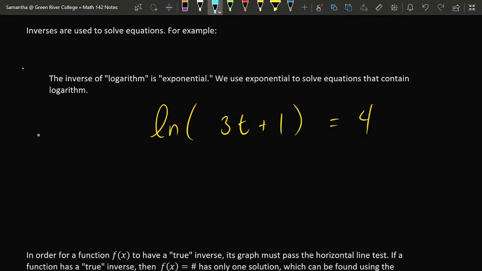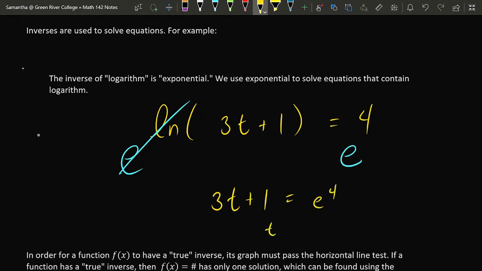To destroy the natural logarithm, we deployed the inverse function, the exponential. That way, the exponential and the logarithm annihilate each other, and we have successfully freed t from inside of natural log. That allows us to be able to solve for t.